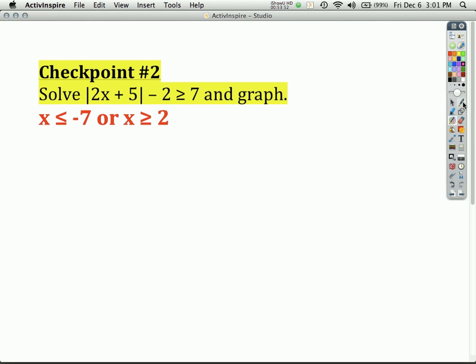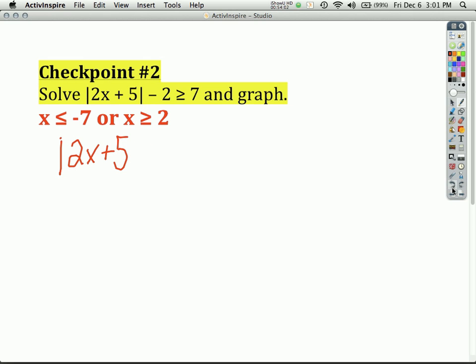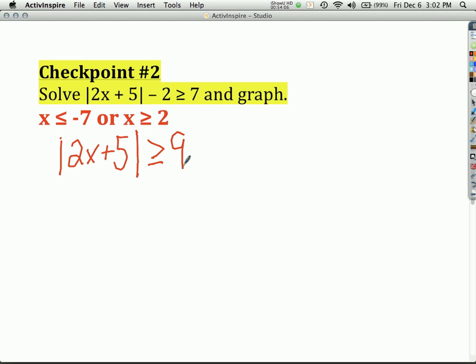And so you ended up, after you isolated the absolute value, with 2x plus 5 is greater than or equal to 9. Is that what you had? Okay. So from there, the first thing we're going to write is this exact same thing except without the absolute value symbol.